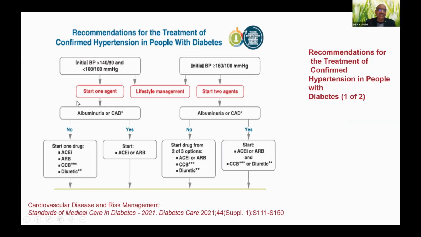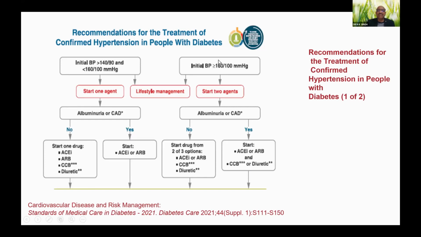But even in this case, if you are finding that there is albumin coming out, you start with ACE inhibitors or ARBs. Otherwise, if albumin is absent, then you can start only with one drug, that is ACE inhibitors, ARB, CCB, or diuretics. So these are the main classes of drugs.